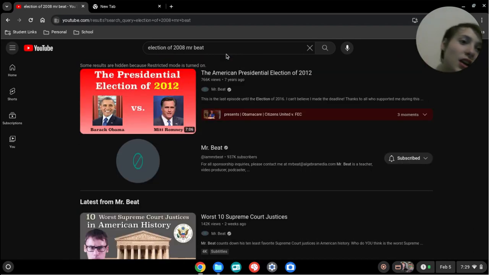Okay, 2008. Bush decides to quietly exit politics because of the housing crisis and everything else. So, Republicans decided to nominate John McCain with Sarah Palin, governor of Alaska, as his running mate. Democrats decided to nominate rising star Barack Obama with Senator of Delaware Joe Biden as his running mate.